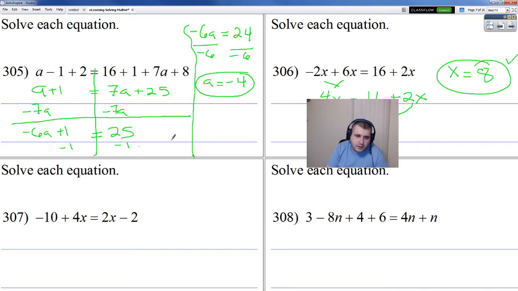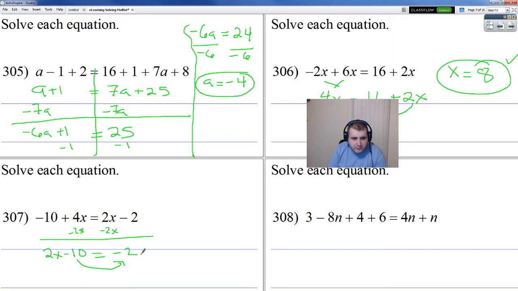Yay! This one, no like terms to be had, but again, when in doubt, if there's no real leads as to what to do, move stuff over to the left, and that's fine. So I'm going to subtract the 2x from both sides. And look what I've got. I've got 2x minus 10 equals negative 2. I'm going to add 10 over to the other side.